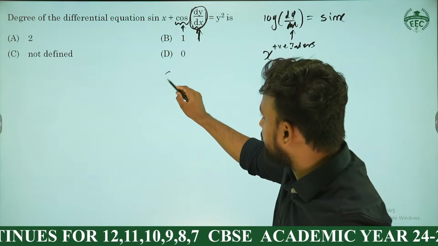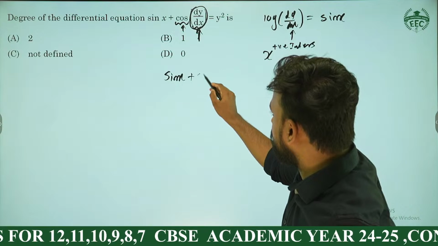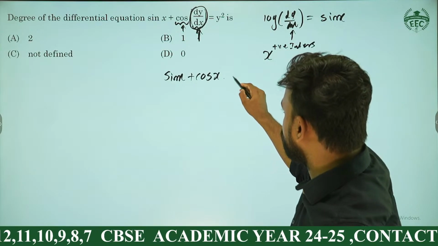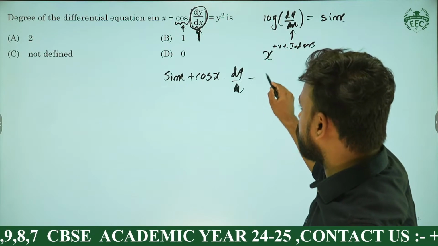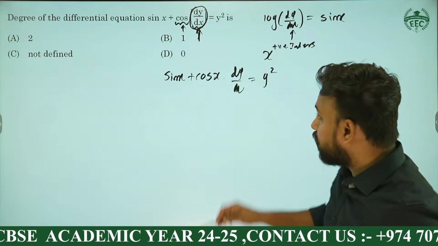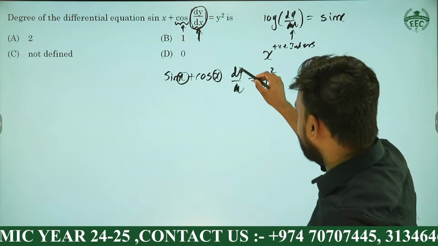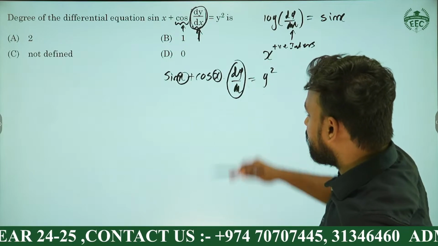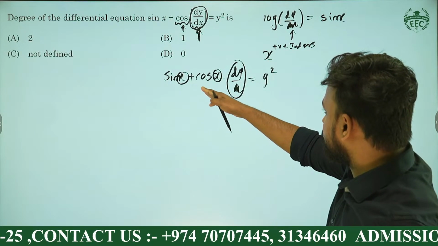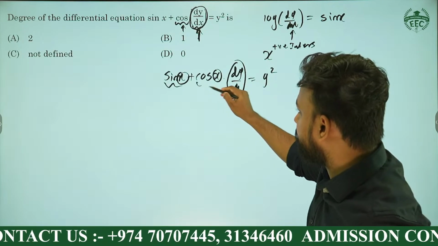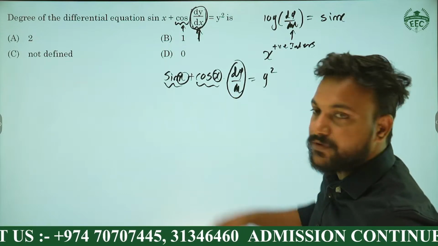If it is like sin x plus cos x into dy by dx is equal to y square, it is fine because the parameters are x, not derivatives. Here the derivative is standing separately from these trigonometric functions.